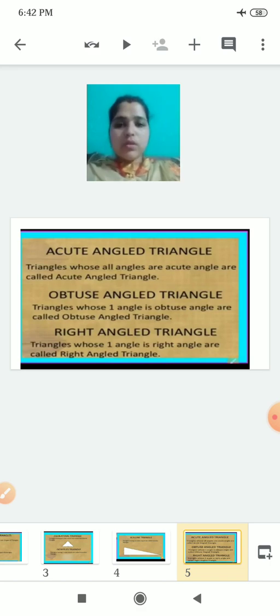Triangles whose one angle is obtuse are called obtuse angle triangles. It means more than 90 degree but less than 180 degree. Third we have the right angle triangle. The triangle whose one angle is a right angle, it means 90 degree, is called a right angle triangle.